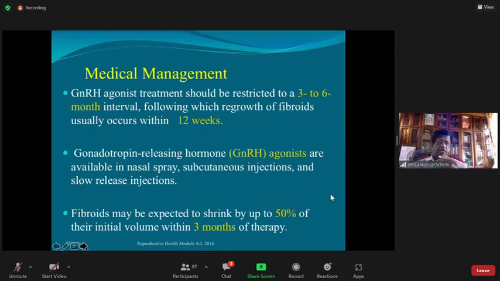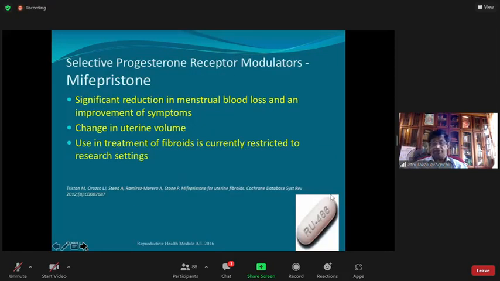Because of that, the general period that these GnRH analogs can be used is about 6 months, right? So it's not something that you can use long term to medically manage fibroids. There is another drug, although locally we don't have it, because basically it's a drug that we use for terminations also.